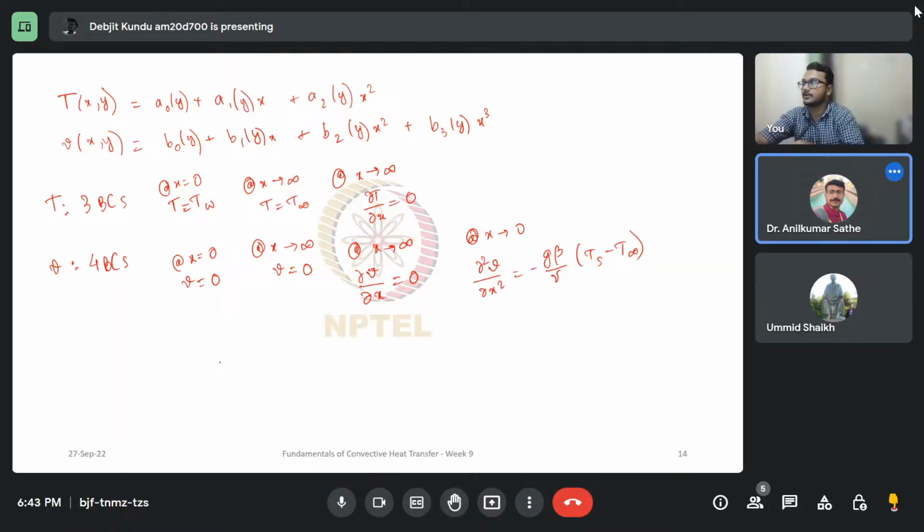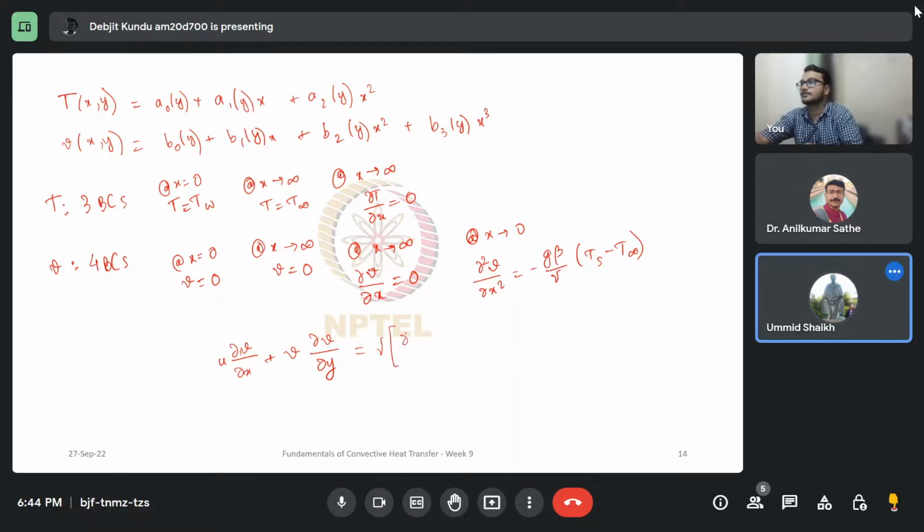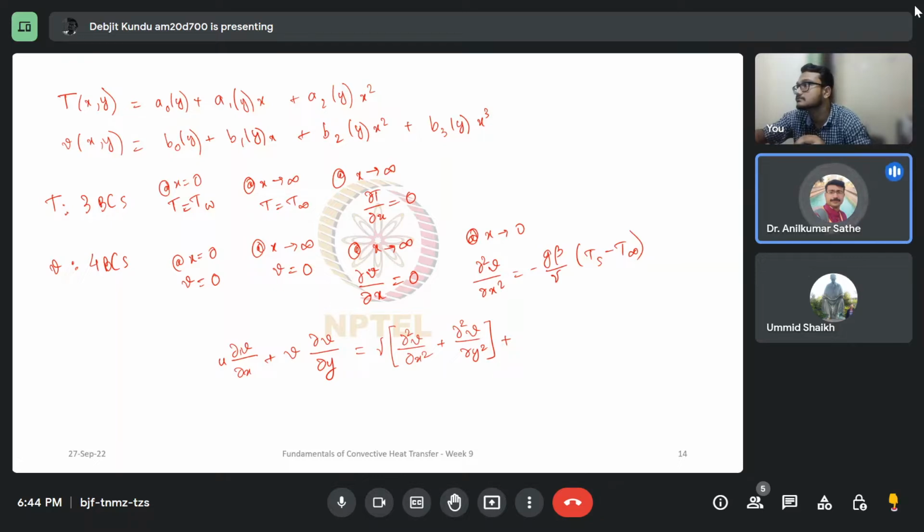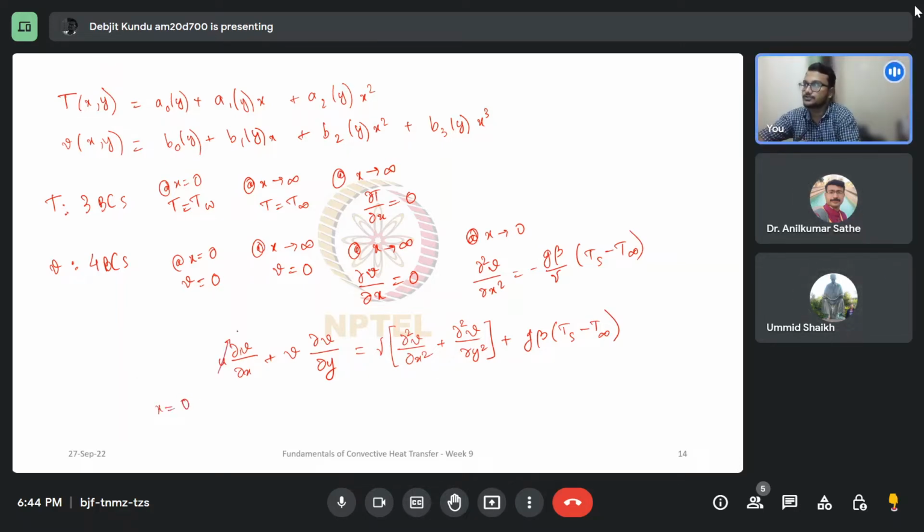So if we recall, we found dou v by dou x, dou v by dou y is equal to nu dou 2 v by dou x2 plus dou 2 v by dou y2, and there was g beta delta T. So now at x equal to 0, u goes to 0, v goes to 0.